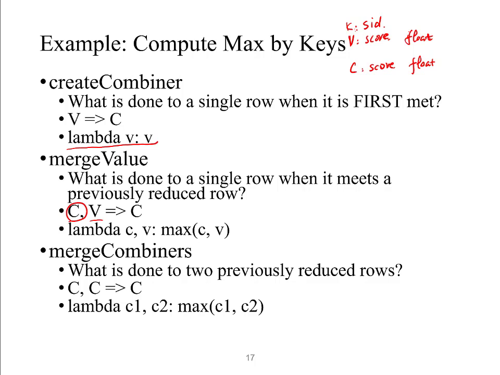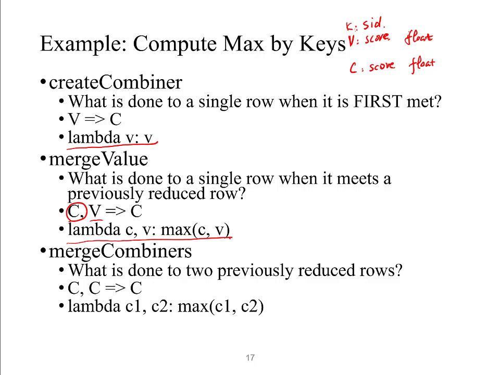So what we do, given this C and V, is get the max value between C and V as the output. Right, so that is where this max(C, V) comes from.